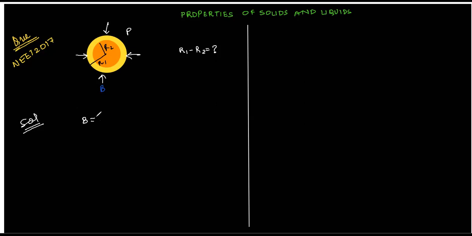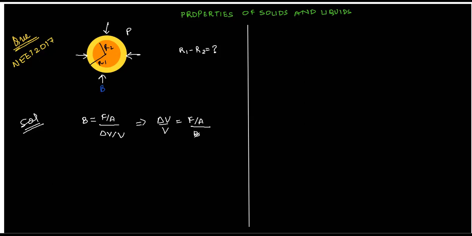Bulk modulus is stress per unit strain, force by area, volumetric strain, delta V by V. Correct. Now try to think, from this, what will be the value of delta V by V? It will be equal to force per unit area whole by bulk modulus. Am I correct?